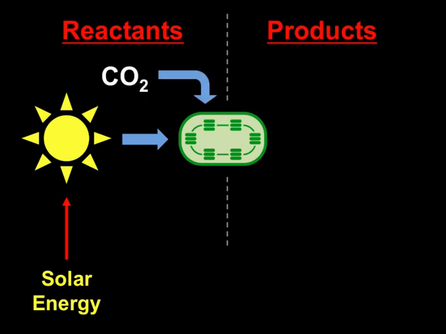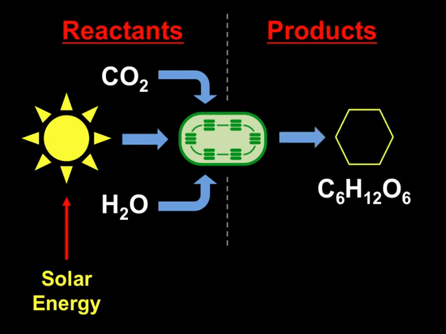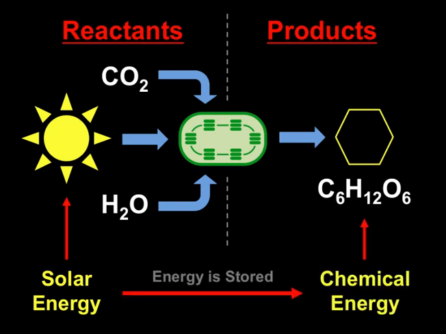We're going to also take carbon dioxide from the atmosphere and water from the roots. The reaction is going to occur within the chloroplast, and then we're going to produce our main product, which is glucose, C6H12O6, which represents our chemical energy, and it's also going to give off oxygen back into the atmosphere.